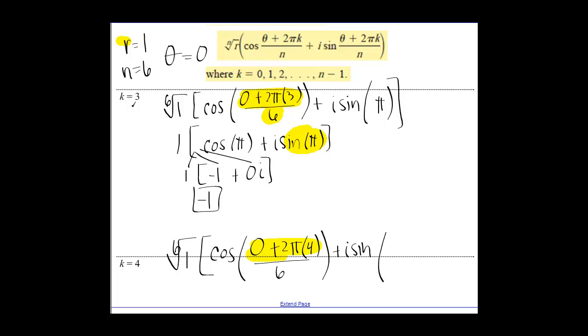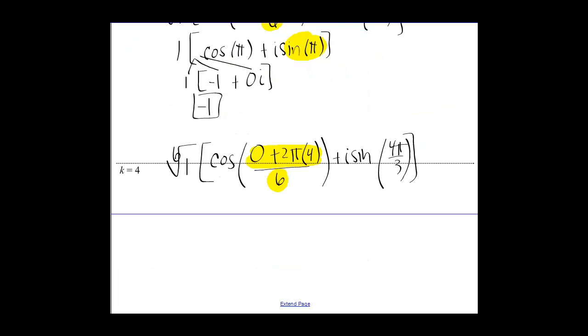Here's 8 pi over 6. Well, 8 pi over 6 is 4 pi over 3. So we've got the sixth root of 1, simplifies to 1, times cosine of 4 pi over 3, plus I sine 4 pi over 3.